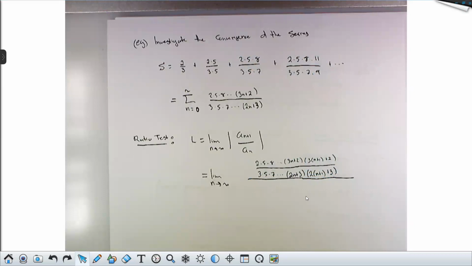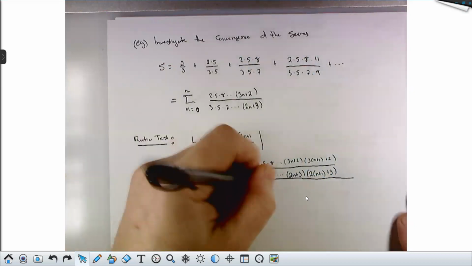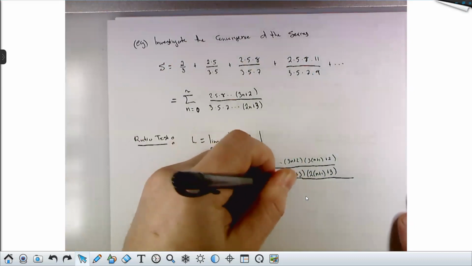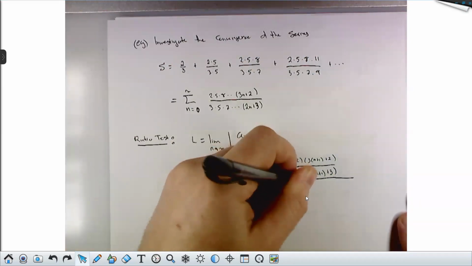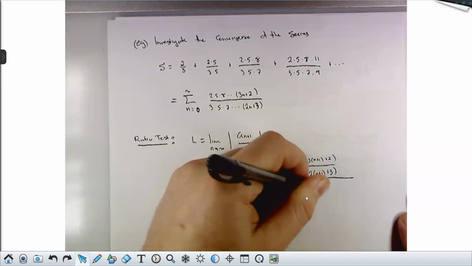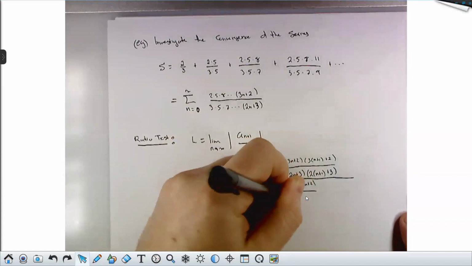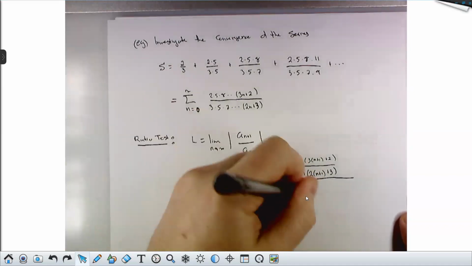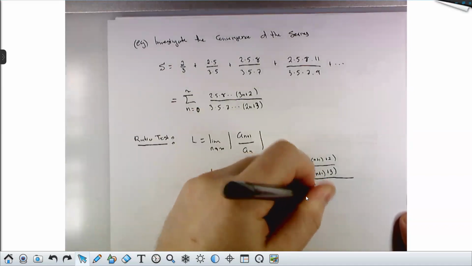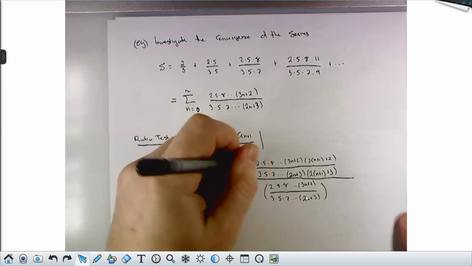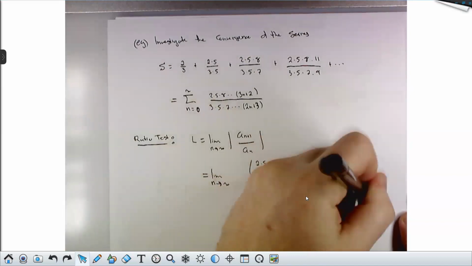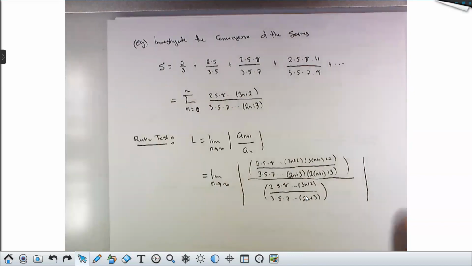We need to divide this by a sub n. So what is a sub n? A sub n is 2 times 5 times 8 out to 3n plus 2 divided by 3 times 5 times 7 out to 2n plus 3. So here's a sub n plus 1 divided by a sub n, all in absolute values.